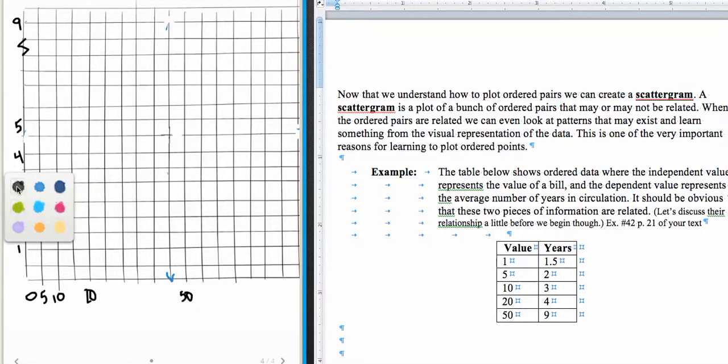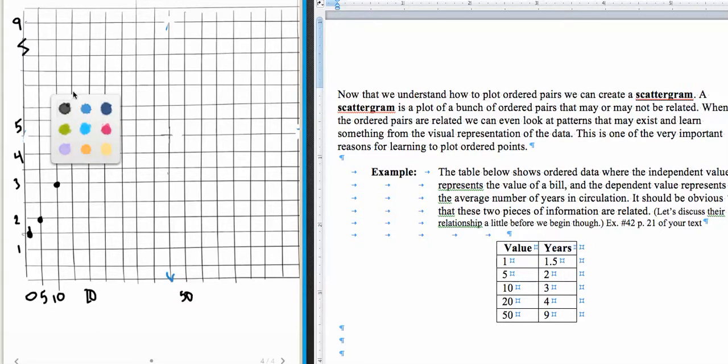And then 5 and 2, which is right there. And then 10 and 3, which is right there. And then 20 and 4, which is right there.